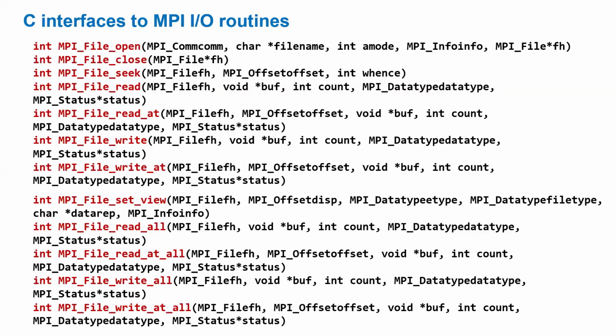Okay. So as a summary for today, here I listed some routines and interfaces for C, and we addressed most of them. I think, oh no, not most of them, just the basic ones, and the collective ones we have not touched at all.